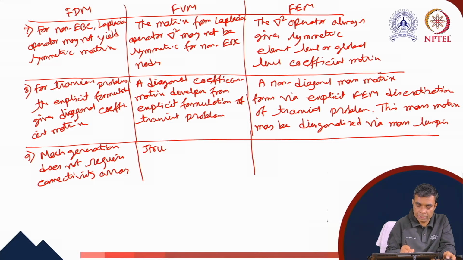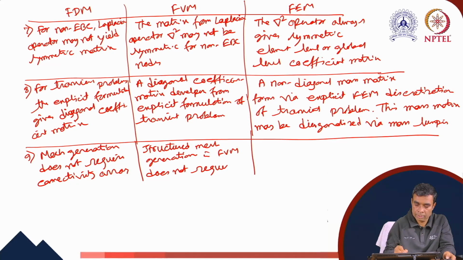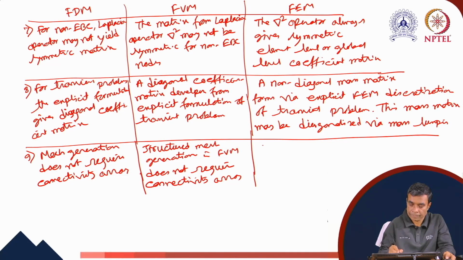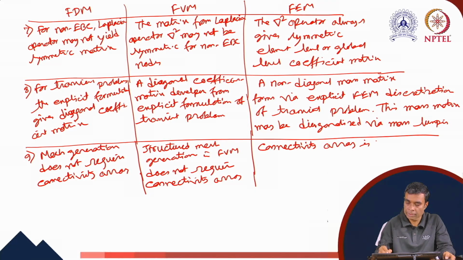So structured mesh generation in FVM does not require connectivity array, but connectivity array is compulsory for mesh generation using the finite volume method.